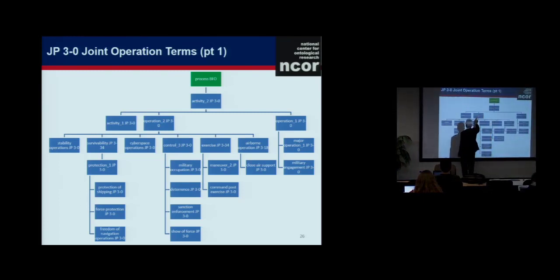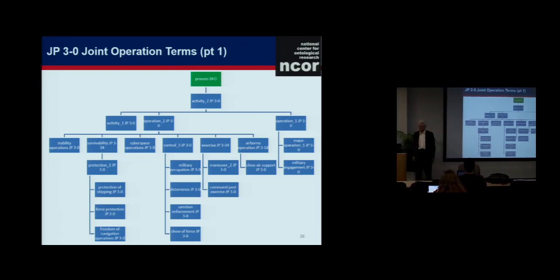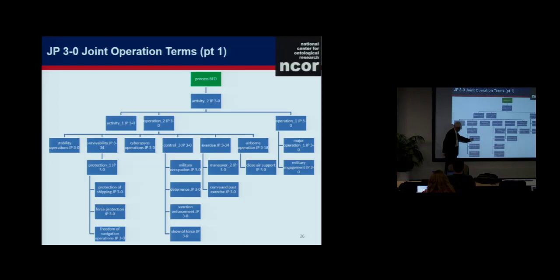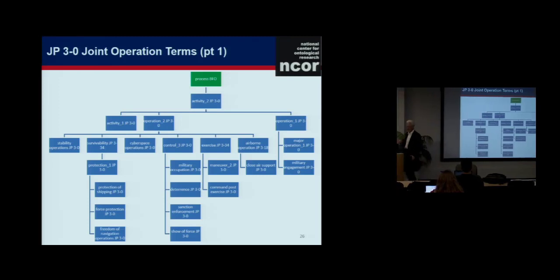And then operations include stability operations, survivability operations, cyberspace operations, and so forth. And then survivability operations include protection, and then protection includes protection of shipping, protection of forces, and freedom of navigation operations. That's counted as a kind of protection.